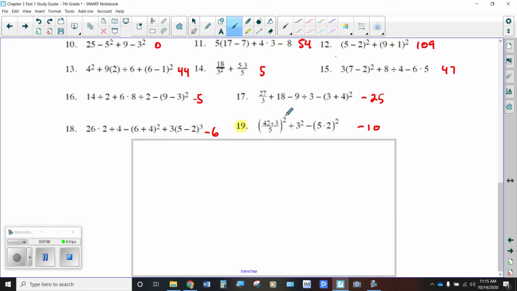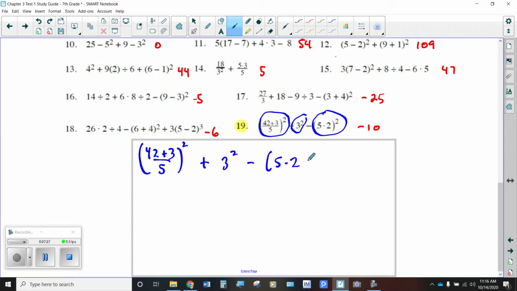If I were to circle the terms, that's one big term right there. That's another term here, and this is a third term there. So 42 plus 3 divided by 5, all in parentheses, gets raised to the second power, plus 3 squared minus parentheses 5 times 2 raised to the second power.